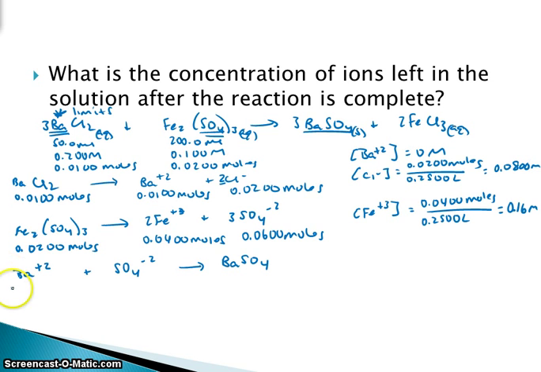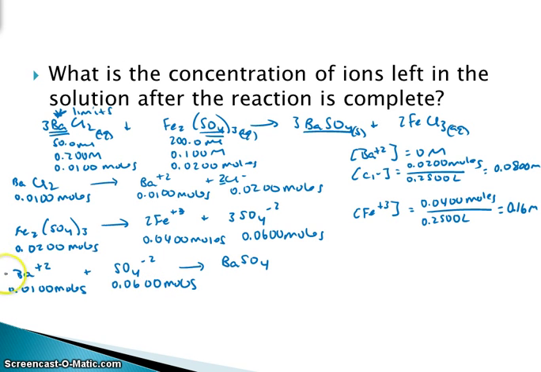So if we look originally, we had 0.0100 moles of barium ion and 0.0600 moles of sulfate ion. So here and here are going in here and here.